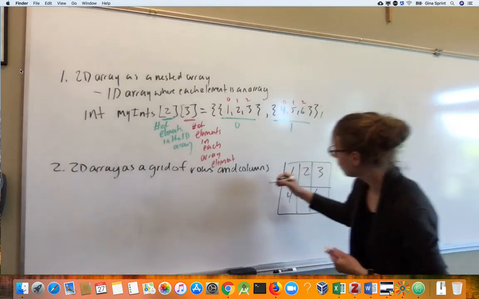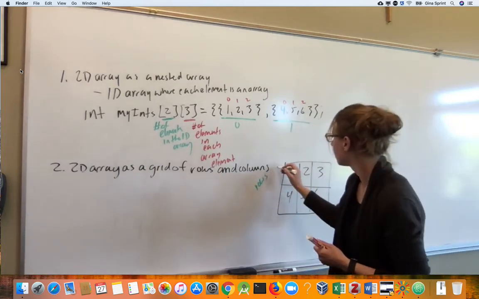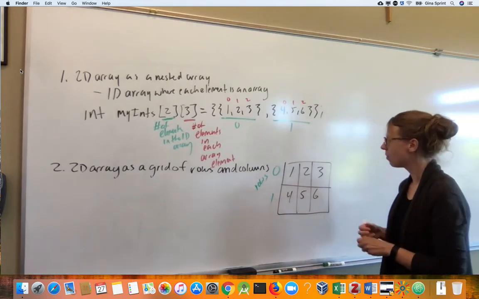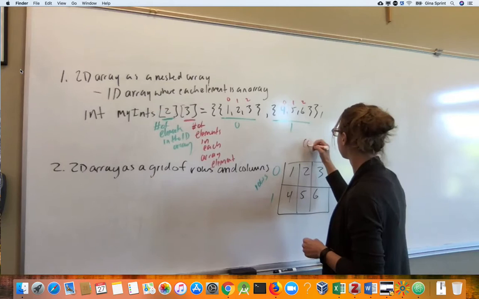On the left side, we've got rows, indices 0 and 1, and on the top, we've got columns, 0, 1, 2.